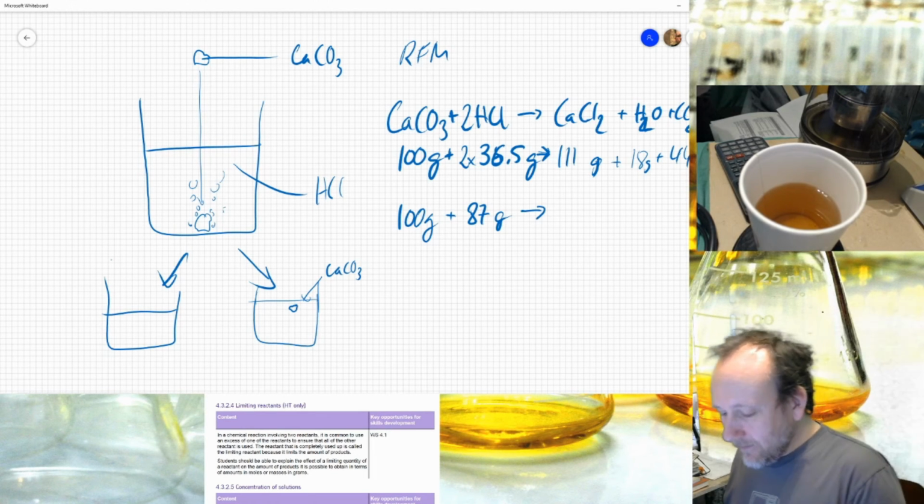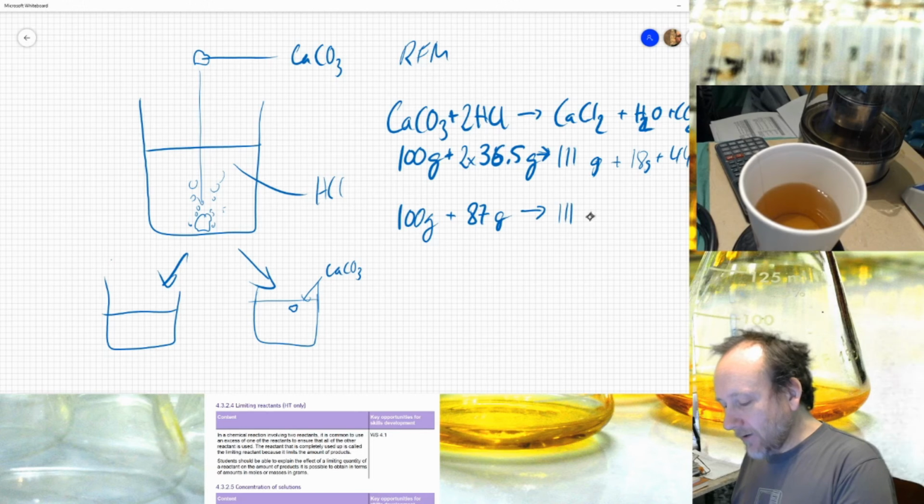If you're already familiar with this equation and you've got it written down with the relative formula masses, then you know that 2 times 36.5 is 73. That means that this time the calcium carbonate is going to be the limiting factor. How much calcium chloride am I going to get out?